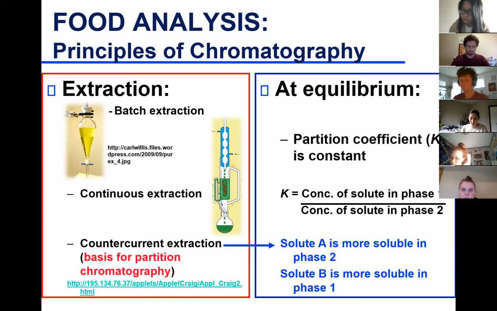We have continuous and semi-continuous extraction. You will be doing some of that in the lab, where this is an example of a Soxhlet apparatus where we extract fat using a solvent. At the bottom flask, we see a solvent, and that solvent boils.